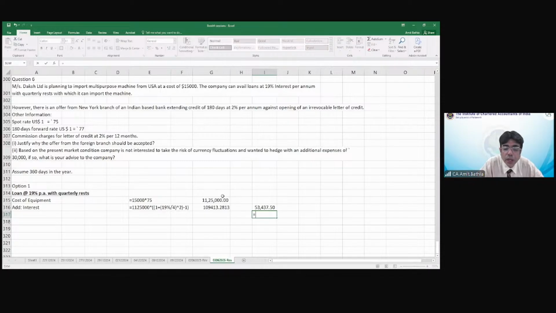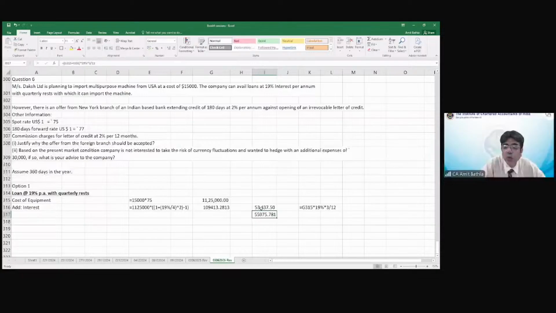Now, since this is a compounding rate, so I will need to replicate the same process again, right? Here, what have I done? I've calculated the interest over here. Now I will need to calculate on the principal plus interest, right? So I am going to calculate again on 1125 plus interest, and on this you will calculate 19% into 3 upon 12.